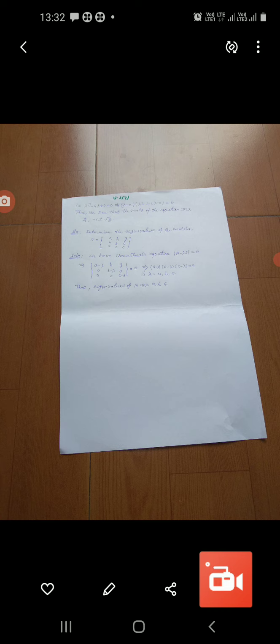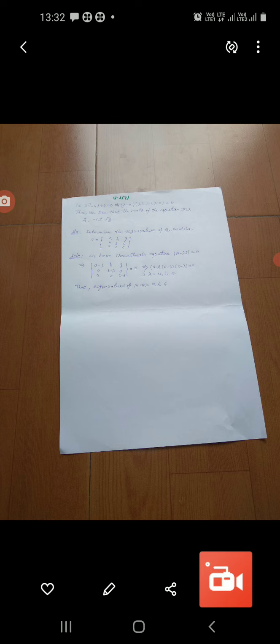That means λ cube minus 6λ plus 4 equal to 0, and we factorize this. We see that λ minus 2 will be a factor of this equation.